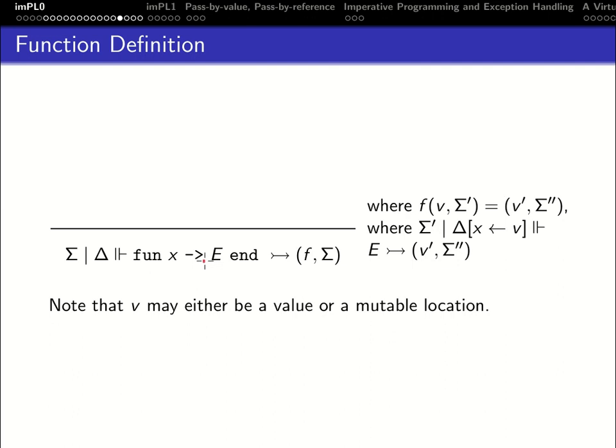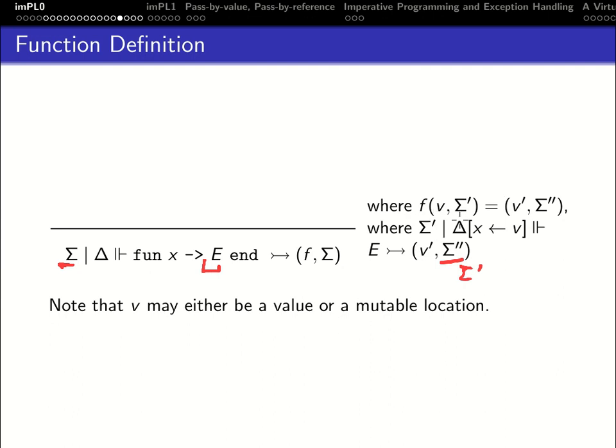All right, so what happens here? Well, first thing I'm going to evaluate is E. So whatever I have here, I'm going to evaluate E first. E has side effects. So from sigma, I go to sigma prime, right?